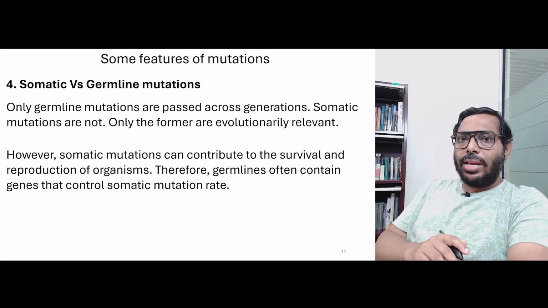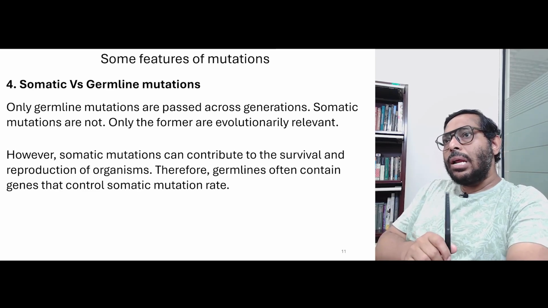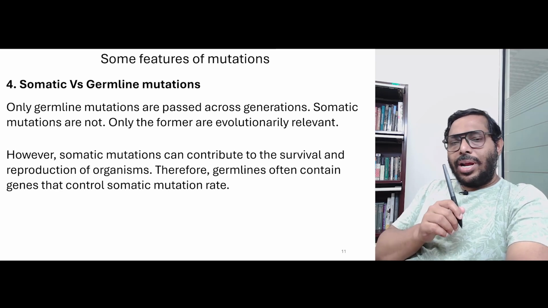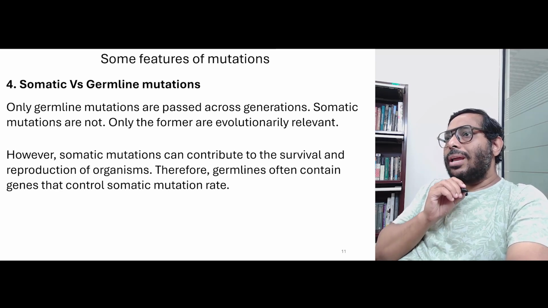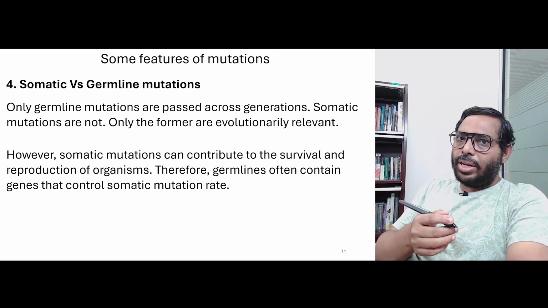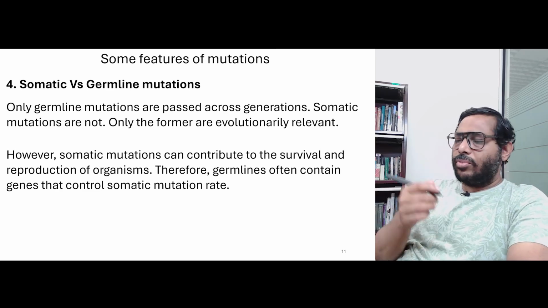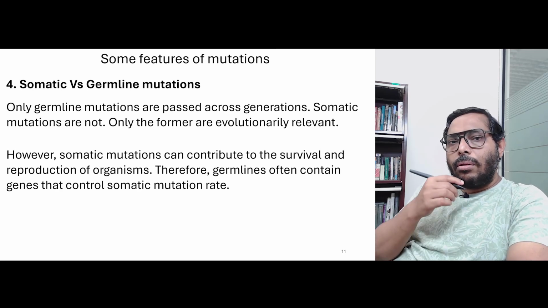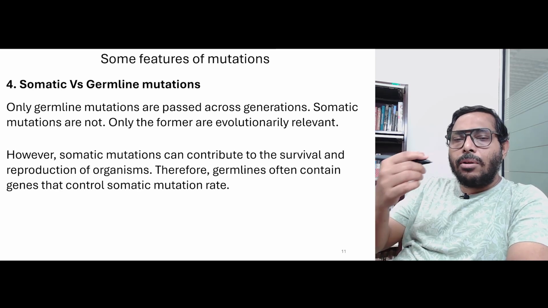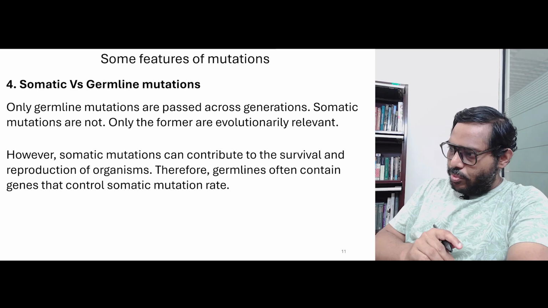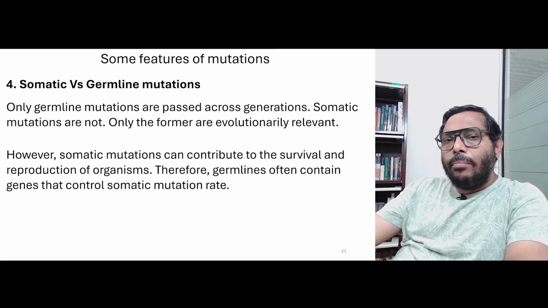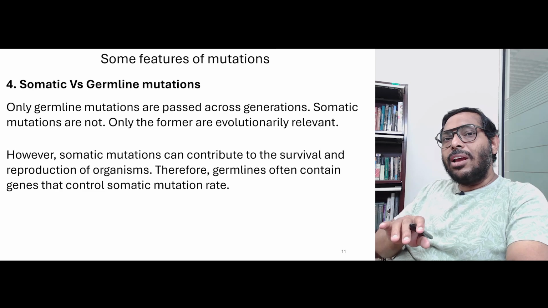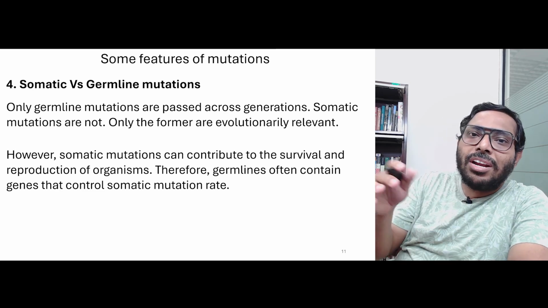Just to give you an example, we know that cancer is a disease of the soma. Cancer obviously is bad for us, or for any organism for that matter. Cancer ends up affecting your probability of survivorship and how many babies you are going to produce. And therefore, many organisms have variation in their germline which controls the cancer mutation rate.